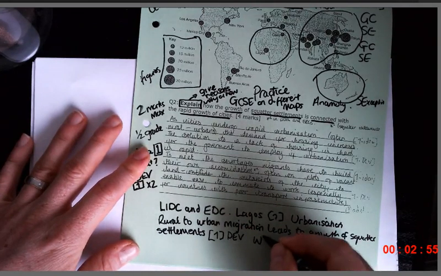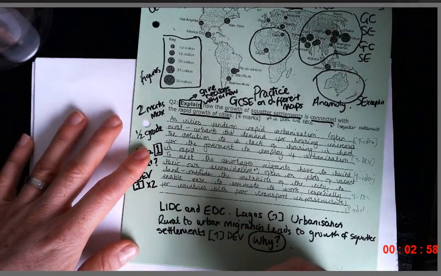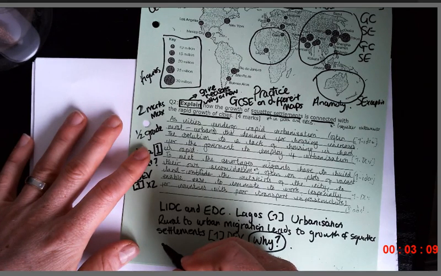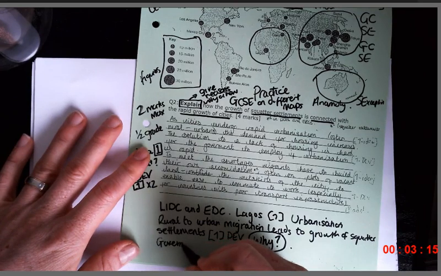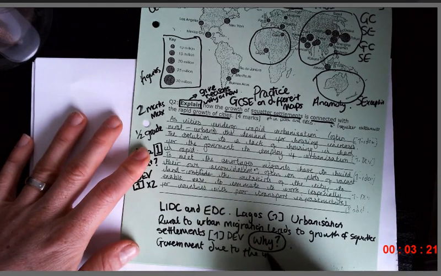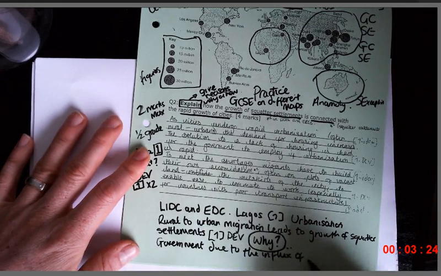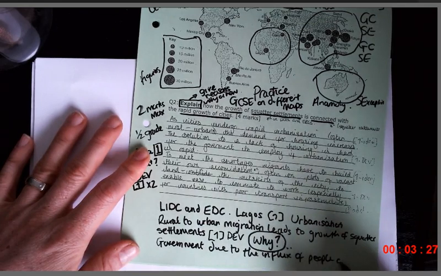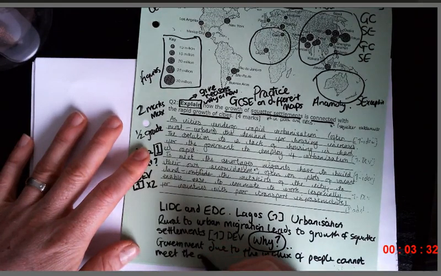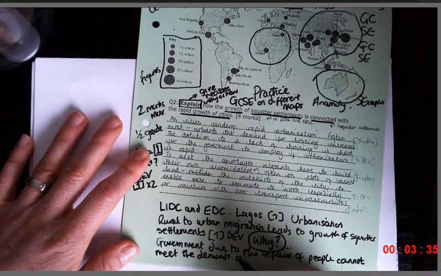From this though is why. Why is this happening? Well, we know that because we've seen it in Istanbul, they were able to tackle the housing crisis when the population growth slowed down and it started to move into suburbanisation. So we know that the government, due to the influx of people, cannot meet the demands of housing.